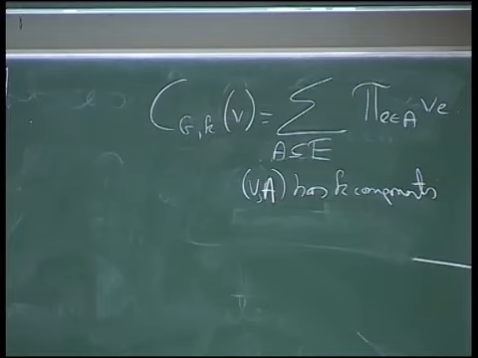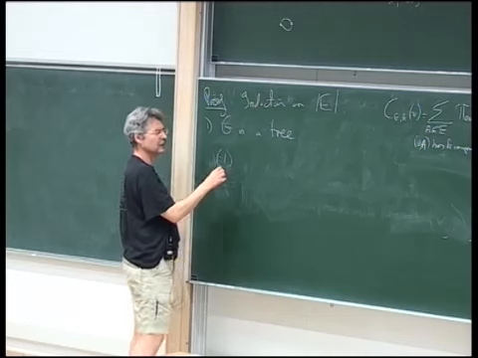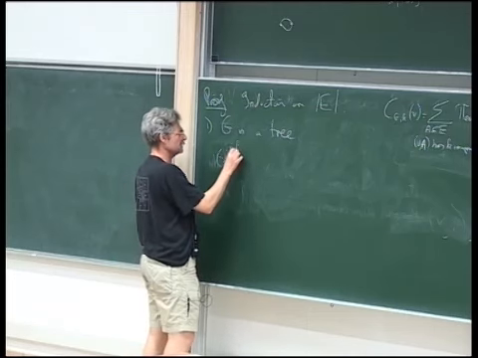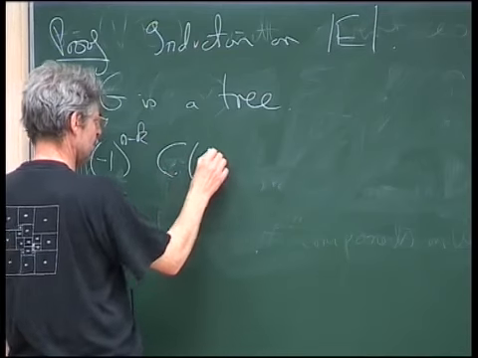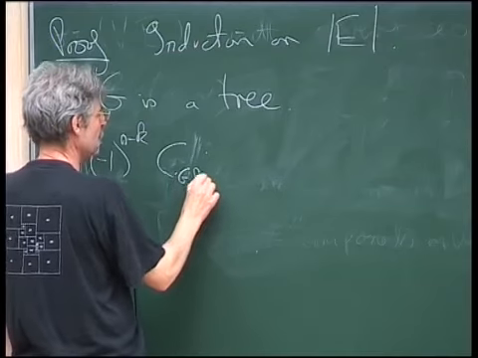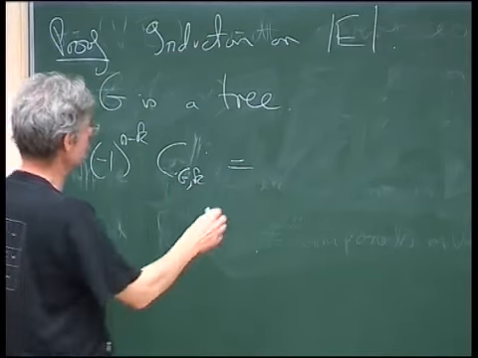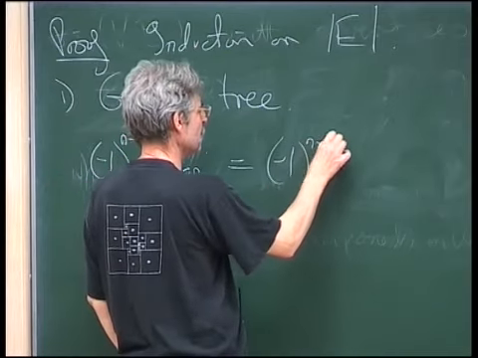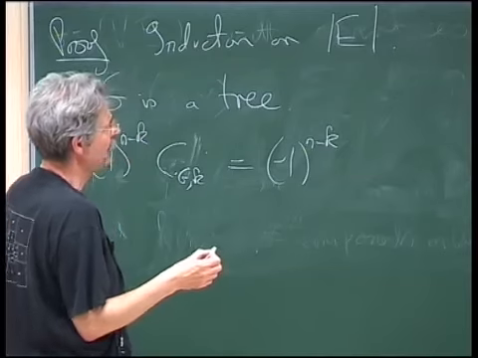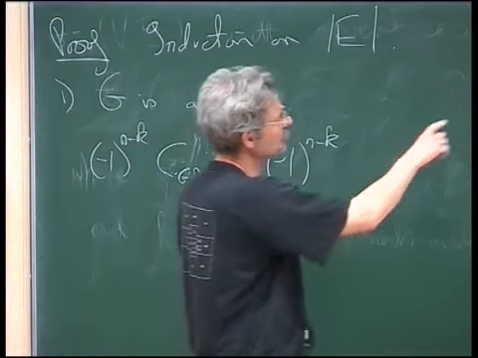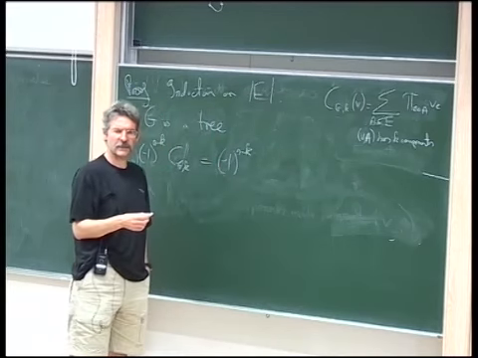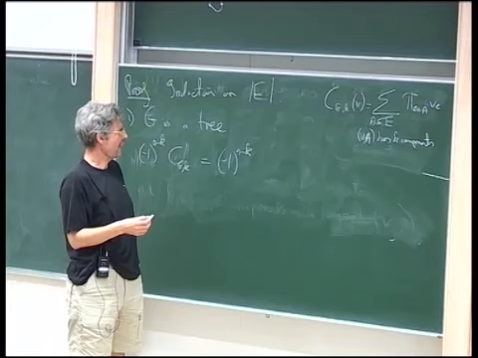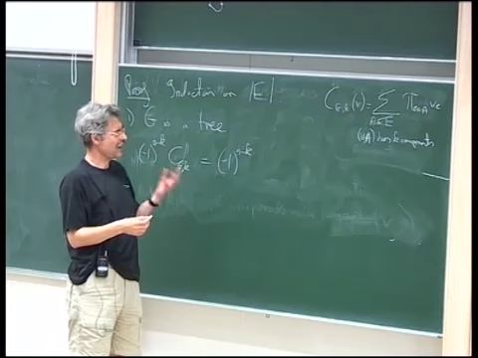If G is a tree, why is that? So I want to try and show that this is true. So I've got (-1)^(n-k) times c_k. c_k is going to be (-1)^(n-k). So to get a subset of E with k components, we're just counting all subsets of E of size n minus k.